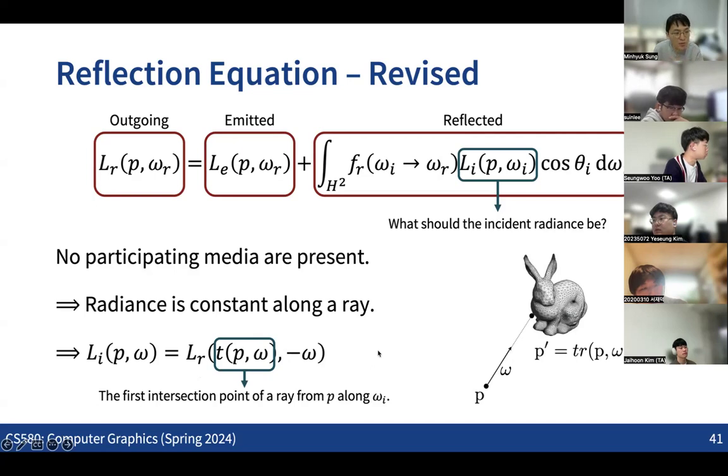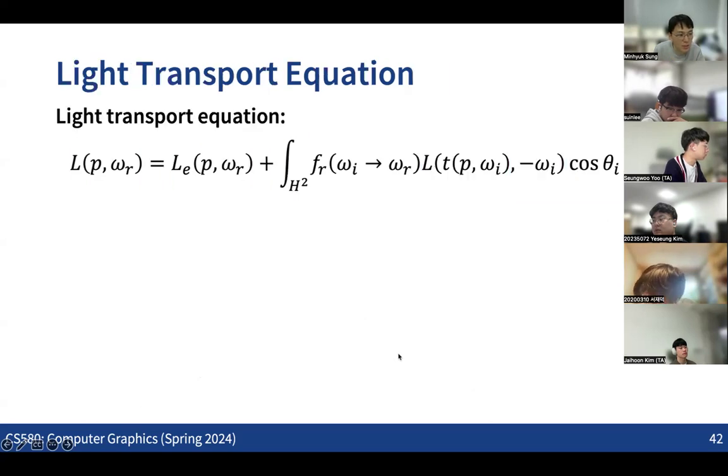So now we can replace the incoming radiance term here with the outgoing radiance in the scene. So that becomes this. When you calculate the outgoing radiance here, this is the rendering equation, where we take the incoming radiance term as the outgoing radiance from the first intersection point in the opposite direction.